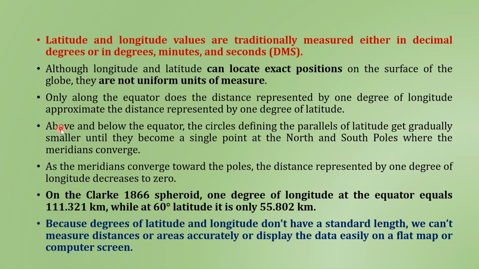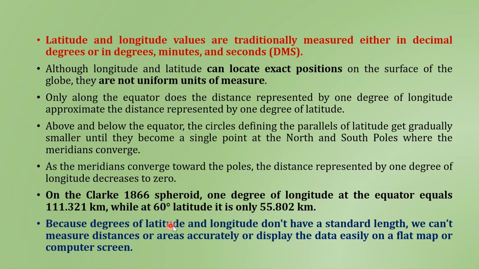But as we move above and below the equator, the length of the parallels gradually decreases, and the meridians converge towards the pole, and the distance represented by 1 degree of longitude decreases to 0 at the pole. On the Clark 1866 spheroid, 1 degree of longitude at the equator equals 111.321 km, while at 60 degrees latitude, it is only 55.802 km.